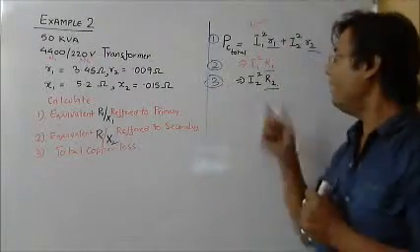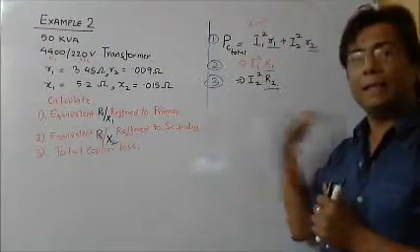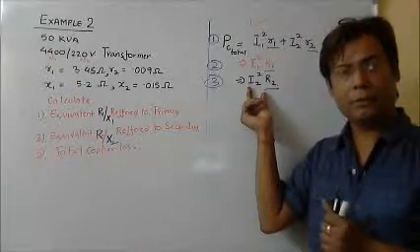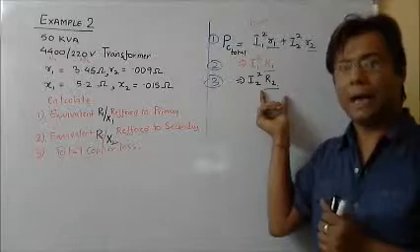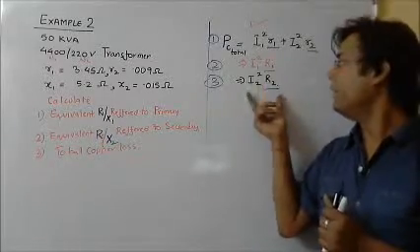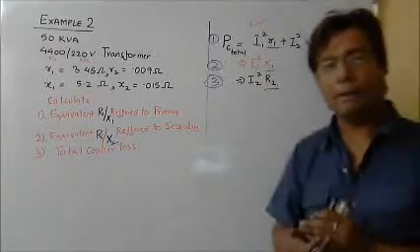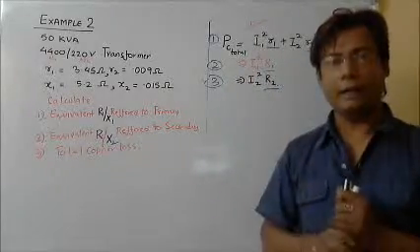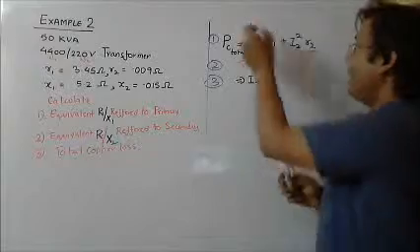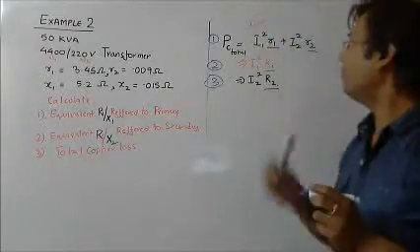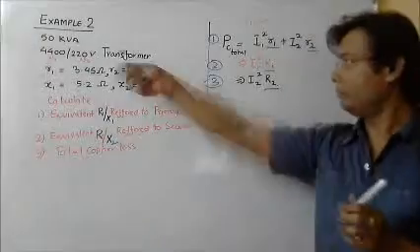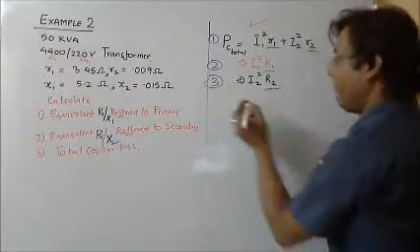Now, if I want to find the same result from the secondary side, what will I do? I will use I2 square times this R2. All three will give you the same result; the only difference is the way you find it. Here, since I1 and I2 are not given, we can find them using this formula.